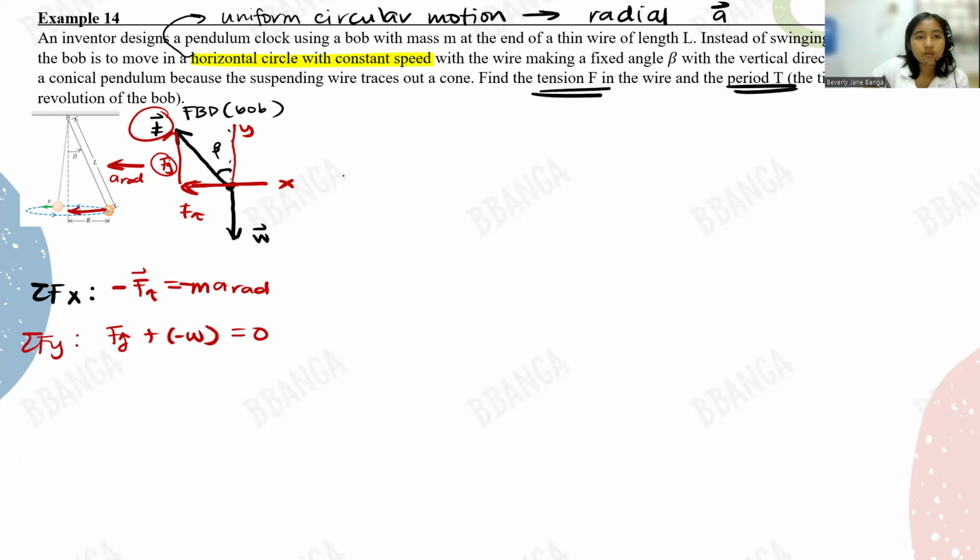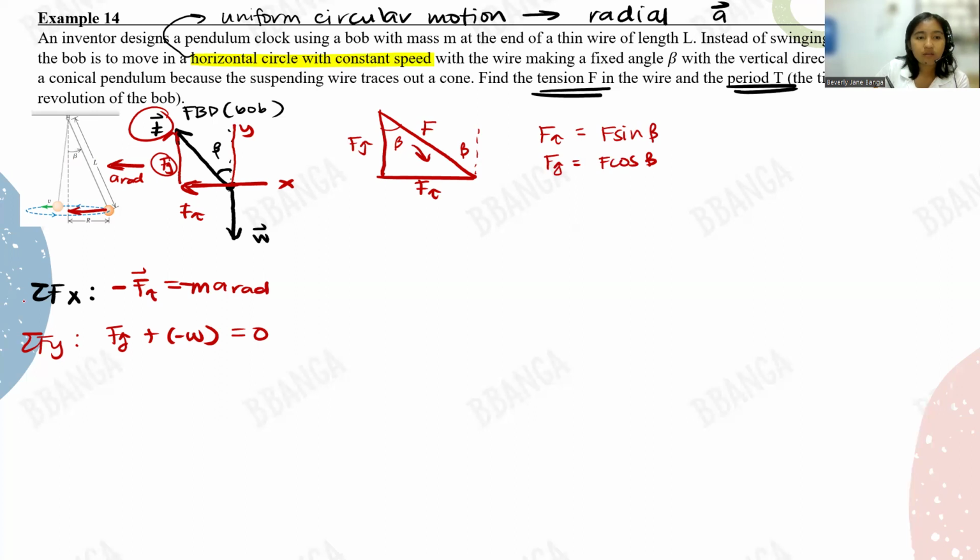So, kung titingnan ulit natin ito, yun siya. If this is beta, then this must also be beta. So, ito yung F, ito yung F i hat, ito yung F j hat. So, yung F i hat natin, relative to beta is opposite. So, this is F sine beta. And yung F j hat natin is F cosine beta.